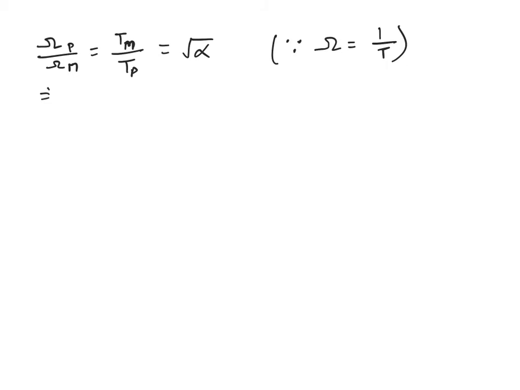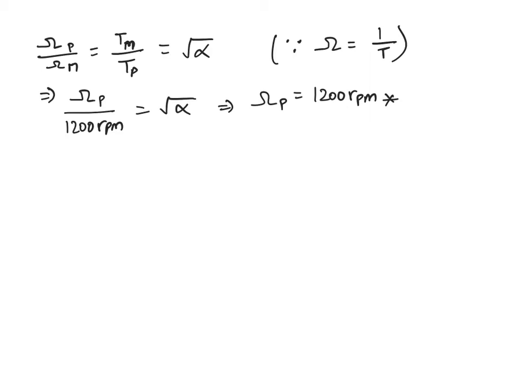So this implies omega of prototype by omega of model revolutions per minute, where the model is 1200 rpm, is equal to square root of alpha, which implies omega P would be equal to 1200 rpm multiplied by 1 by root 40.